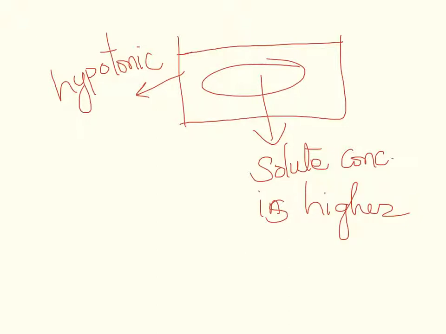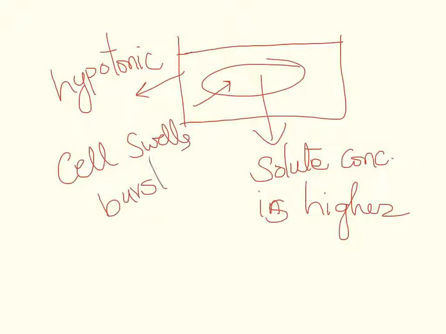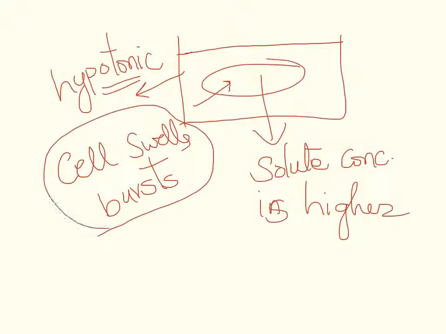In such a situation, water flows into the cell, and so the cell swells up, and in some cases it bursts. If the water flows in really high, the cell bursts. So in a hypotonic solution, the cell bursts. So it's very important to store red blood cells in an isotonic solution.